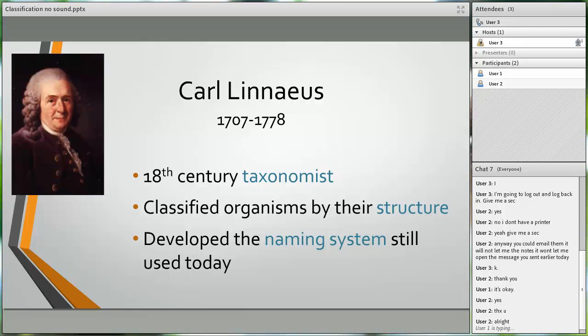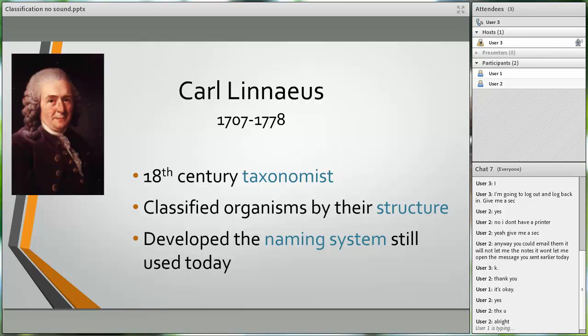Our next scientist we're going to look at is Carl Linnaeus, and he lived during the 18th century, and he classified organisms by their structure. And so his system is the system that we still use today.